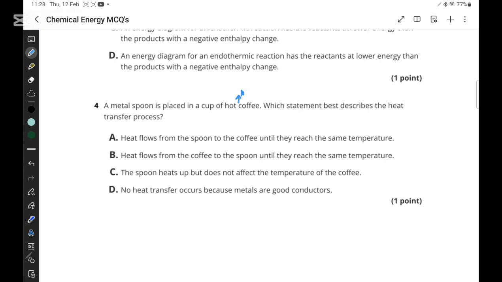As the coffee is hot, and this is the metal spoon, heat always transfers from a hot object to a cold object until the temperature of both objects becomes the same. So if you see option B, heat flows from the coffee to the spoon until both temperatures become the same, and when they become the same they are at thermal equilibrium.